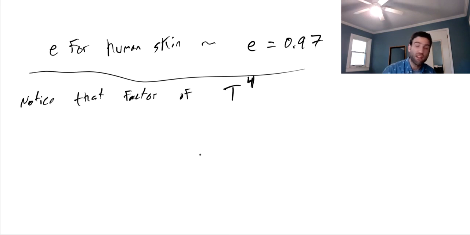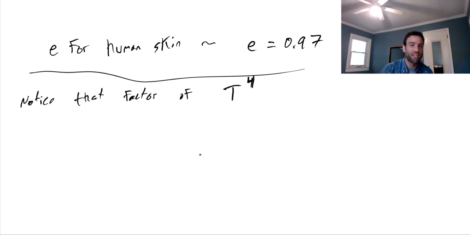But for radiative heat transfer, the fire is radiating T to the power of 4, and that's a lot bigger, right? So that's why we feel the radiated heat from a fire, even if the air in between us and the fire is still quite cold. It also explains why the sun hitting us, we can actually feel that warmth. Even though the sun is incredibly far away, it's very hot, and very hot to the power of 4 is a big number. The sun puts out an enormous amount of thermal radiation.